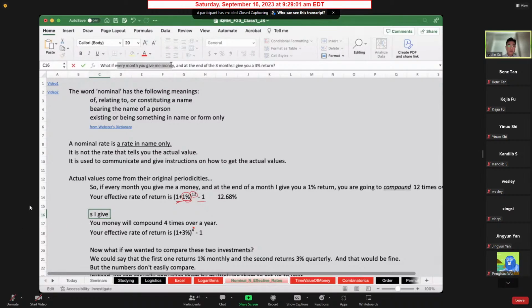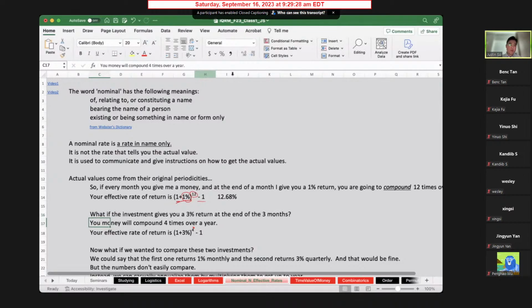What if instead of 1% every month, you're going to get 3% return at the end of every quarter.